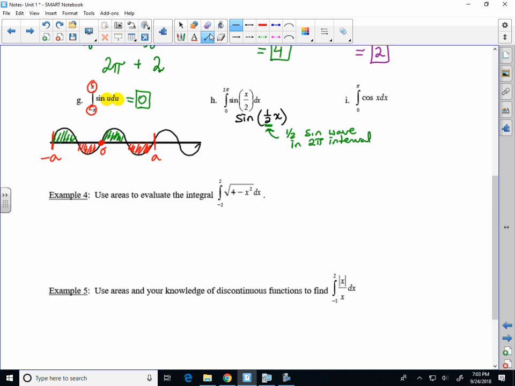All right, so graphically, if I were to go to 2 pi, I'm only going to get half of a sine wave, still the same amplitude. So instead of 1 full cycle, it's half a cycle. So something like that. All right, so same max height, but the width is double.